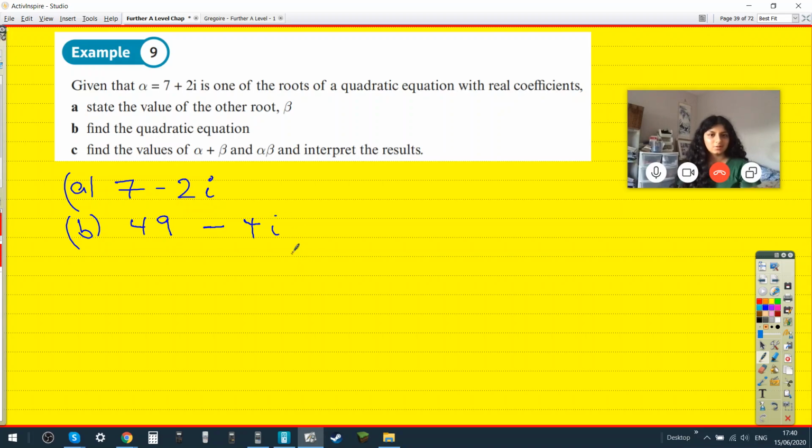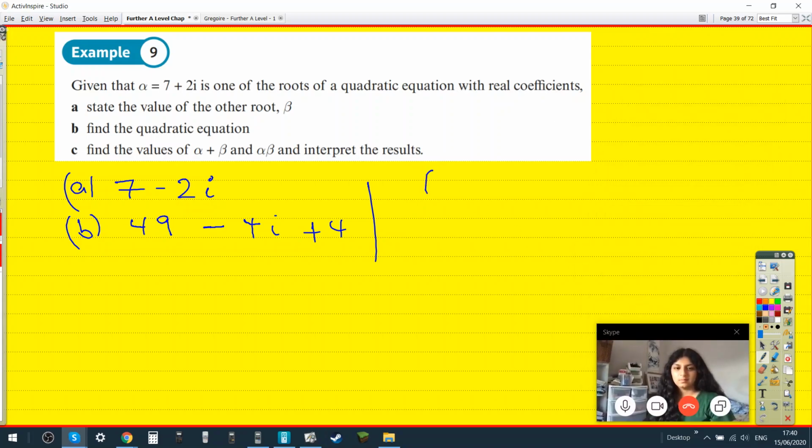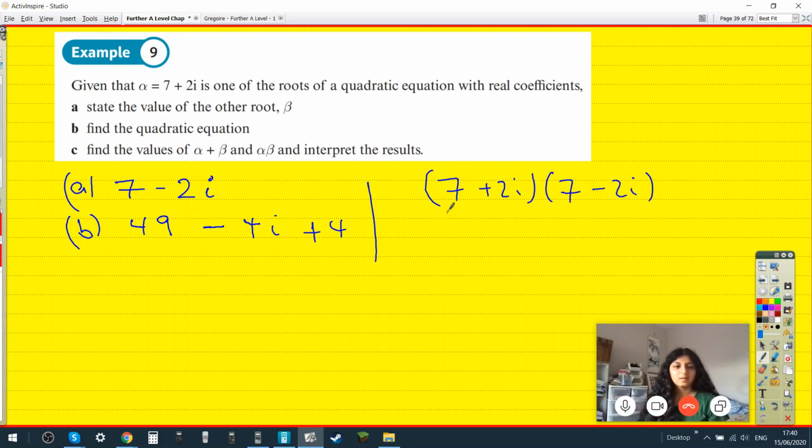Yeah, I'm not sure if that's right, but and then it's 4. Is that the quadratic equation? No. Were you just multiplying them by each other? I don't know. How did you... I didn't multiply them. What did you do?